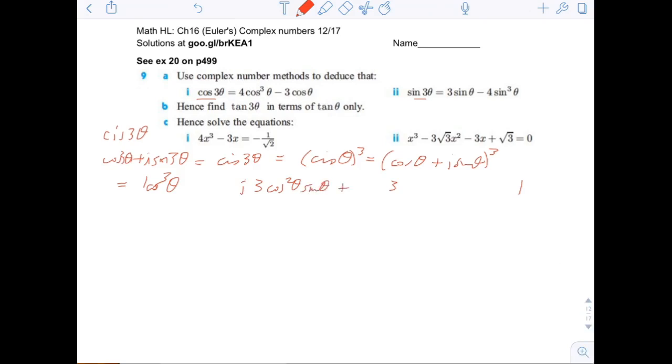We get cosine theta times negative sine squared theta, because the i squared is -1. And then we get negative i sine cubed theta.